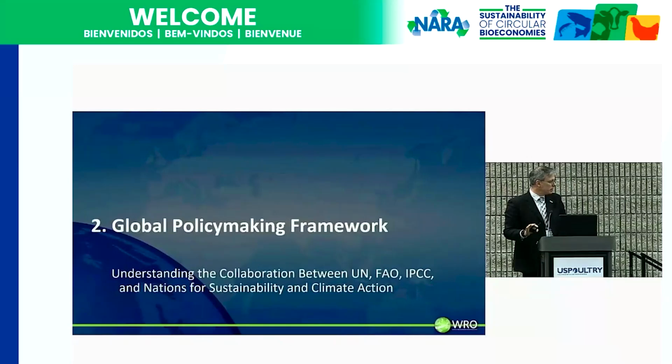I promised it was quick, but now I have to explain how the global policymaking framework works. It's very important to understand how countries do their own regulation and how the United Nations, FAO, IPCC, drive or indicate the way that countries must do their own regulation.